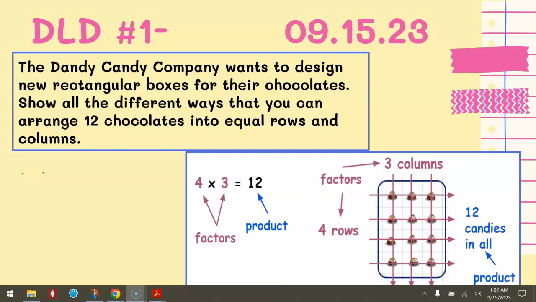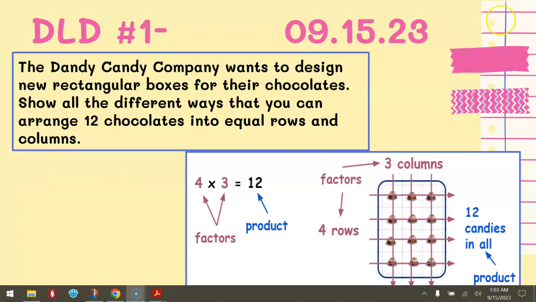Let's go to here. 1, 2, 3, 4, 5, 6, 7, 8, 9, 10. Maybe the box could be 2 rows of 6, or 1, 2, 3, 4, 5, 6. 1, 2, 3, 4, 5, 6.